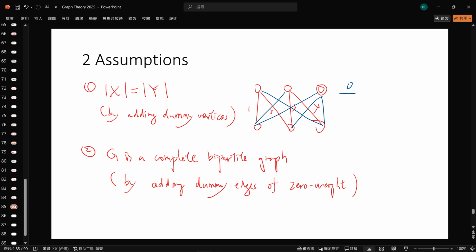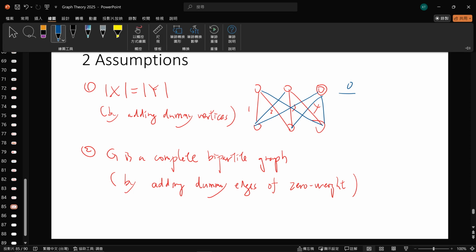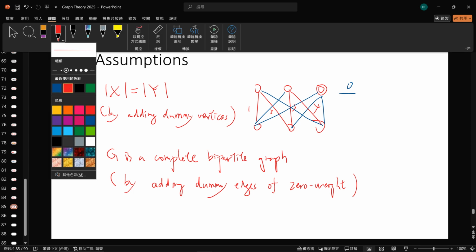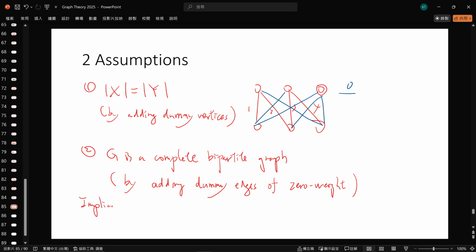The reason that I want to have these 2 assumptions is that, based on these 2 assumptions, I can always assume that the best matching is always a perfect matching. So I'm going to just write MWM, which stands for maximum weighted matching.